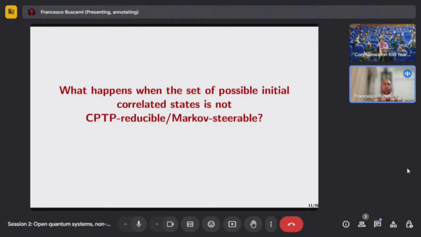Now the next question is, what happens when the set of possible initial correlated states is not CPTP reducible, or is not Markov steerable? Here we have the problem of non-Markovianity. How do we define non-Markovianity? Because in this situation, as we will see, we cannot say anymore that the state of the system at a later time is entirely and only a function of the state of the system at a previous time.